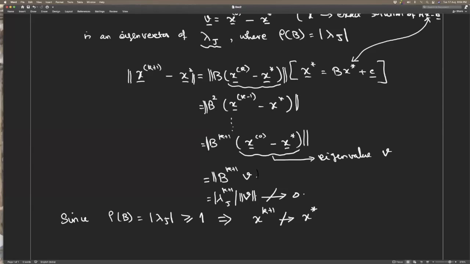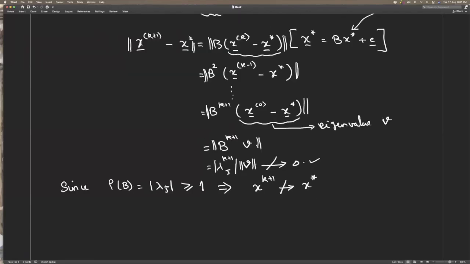Therefore, you just keep it like that and reach this with modulus, and that shows that your right hand side won't go to 0 because modulus of lambda j is greater than or equal to 1. Therefore, the left hand side will also not go to 0. Of course, without taking modulus also you can see that, because this is an equality, so you don't need to take the norm. That means the sequence x k does not converge.